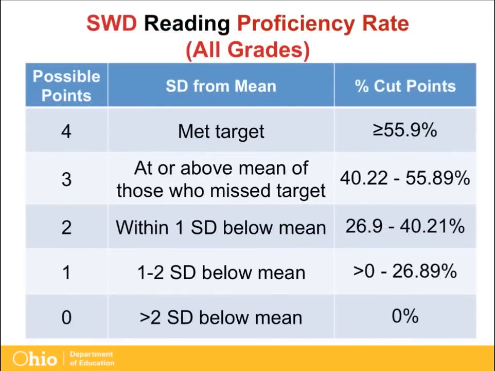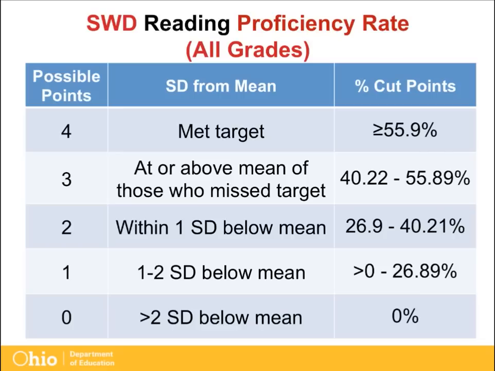This table shows how points will be assigned for the reading proficiency rate across all grades and just for third grade. Just like the math proficiency rate, points are assigned based on the distance from the target. Targets were established by Ohio's Stakeholder Advisory Group for Special Education. These targets reflect annual improvement over the current statewide reading proficiency rate for students with disabilities.